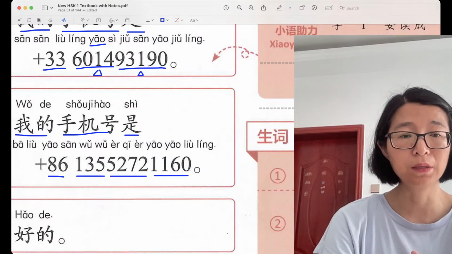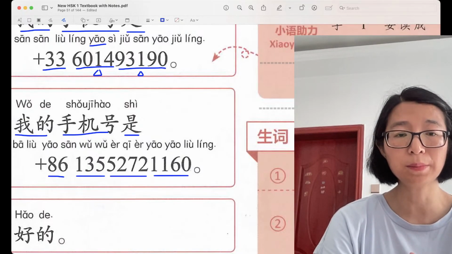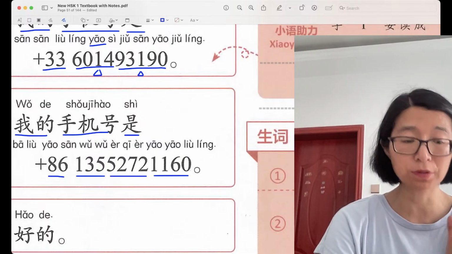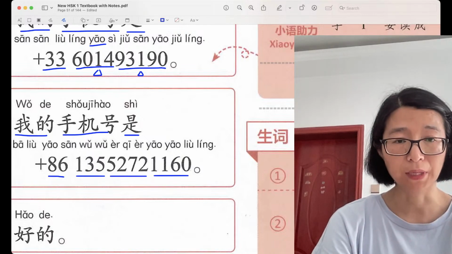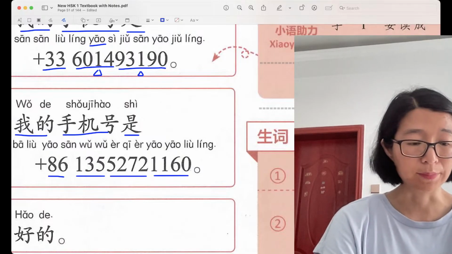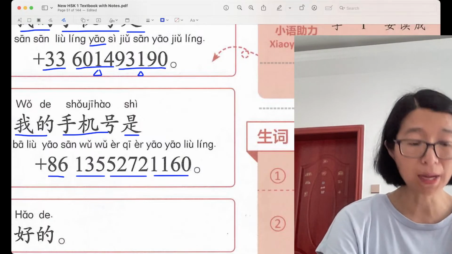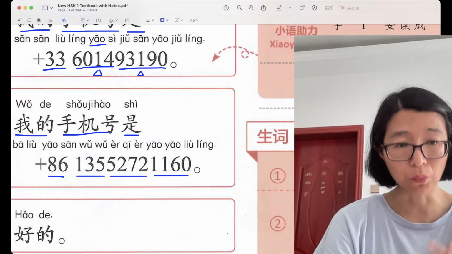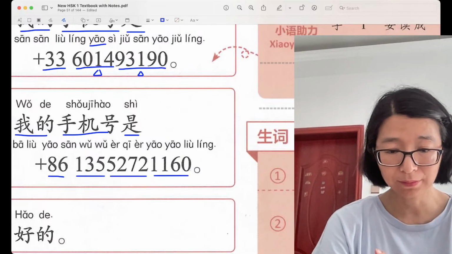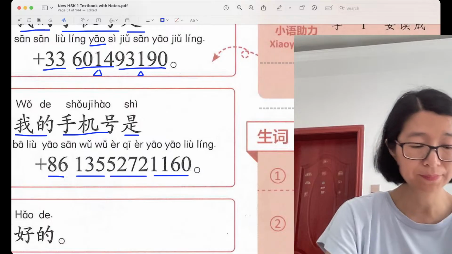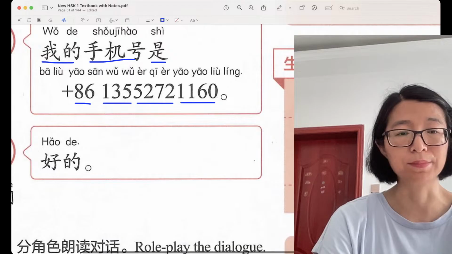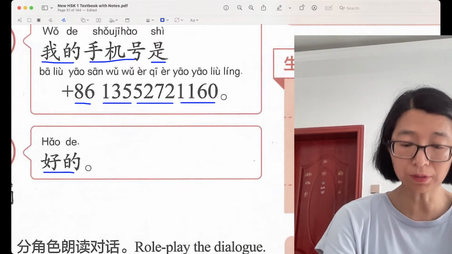Let's count. 1, 2, 3, 4, 5, 6, 7, 8, 9, 10, 11. So there are 11 digits. So I pause after the first 3, and then every 4 digits. Okay, let me read this phone number again. 86, pause, 135, pause, 5272, pause, 1160, done. Okay, clear? 很好。Okay, 好的, which means okay or good.